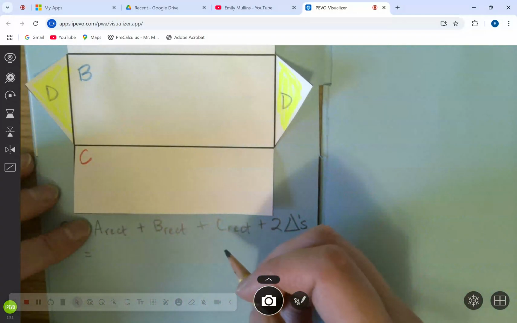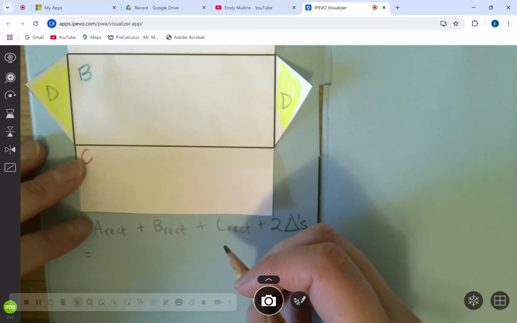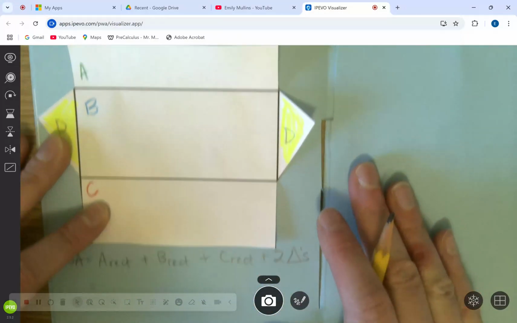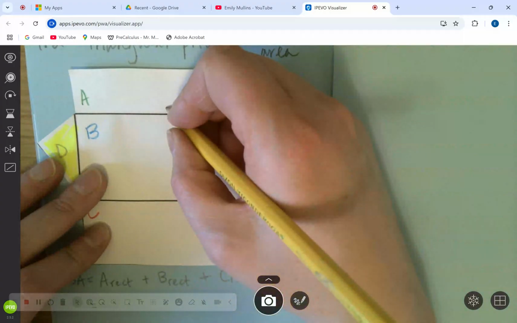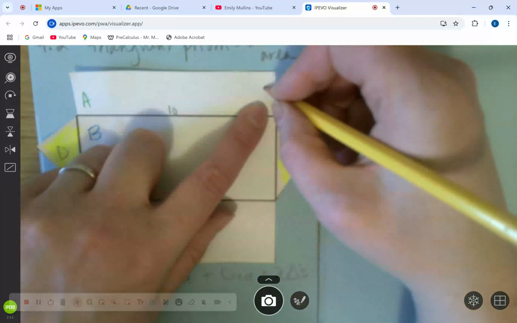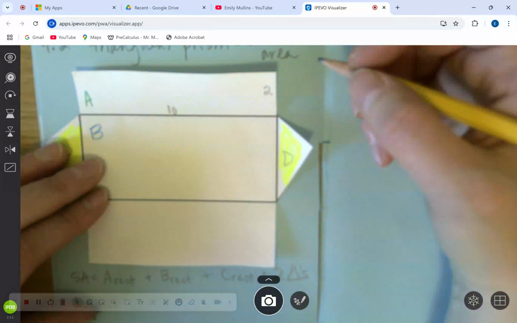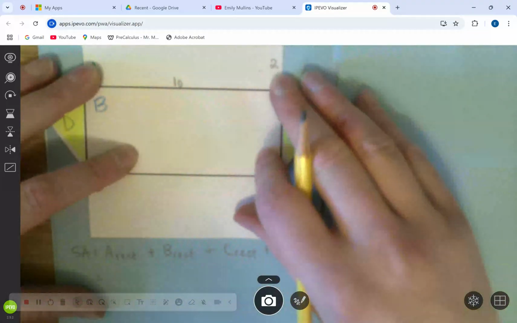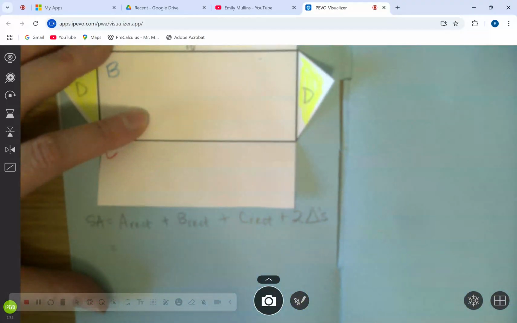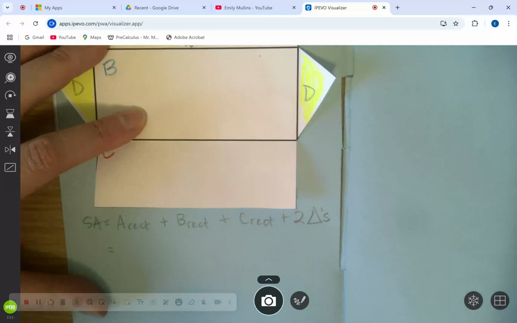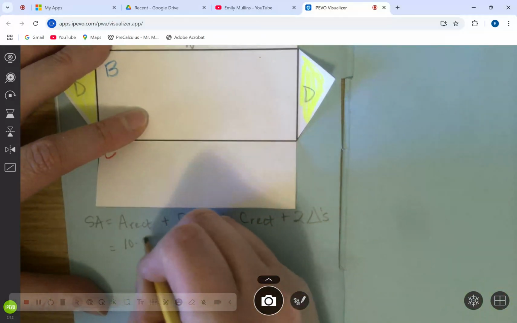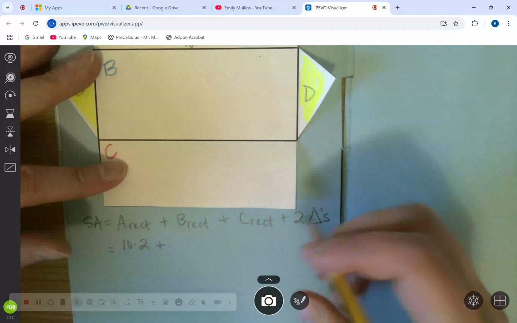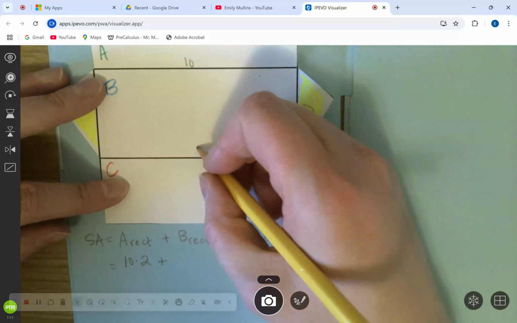So for A, I need a length and a width. Using my ruler, I found already that this is a length of 10 and a height of 2. This is in centimeters. So when I find the area of A, I'm going to multiply 10 times 2. And then when I go to find B, the length is going to be the same.